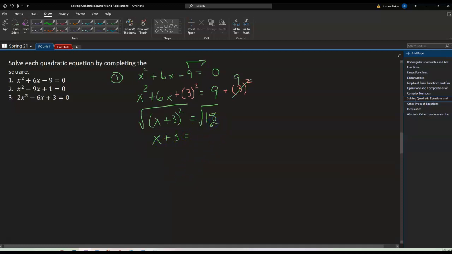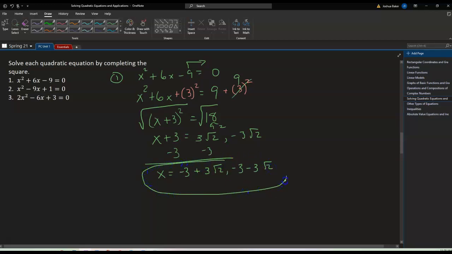The right side, I can simplify this to 3 rad 2, which means that negative 3 rad 2 is also an answer. But I've got to subtract this 3 across. So it's going to be negative 3 plus 3 rad 2 and negative 3 minus 3 rad 2. These two answers are still conjugates of each other.